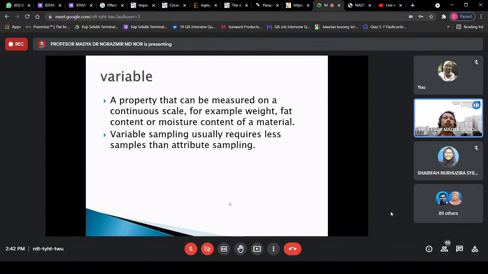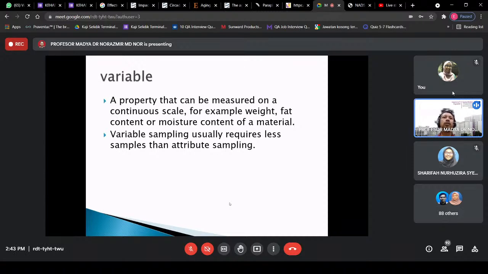So for variables, a property that can be measured on a continuous scale, such as for example, the weight, the fat content, the lipid content or the moisture content of the material. That means something that we can measure on a continuous scale.